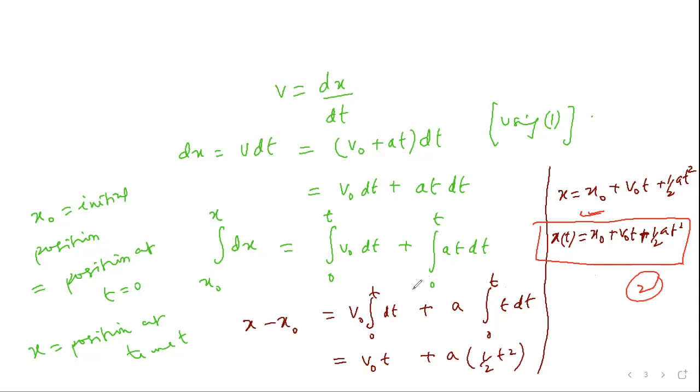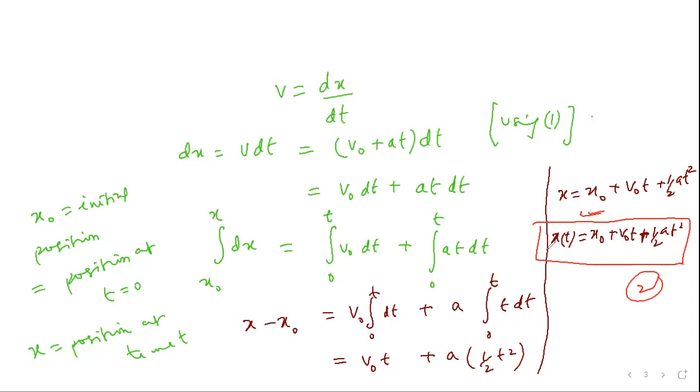And one more thing, when we solve these integrals this way, using this mathematics which we have done, and we find the explicit functions of velocity and position, this approach is called analytical approach.